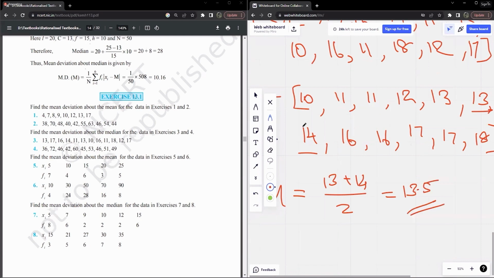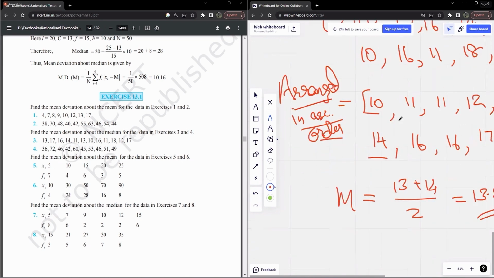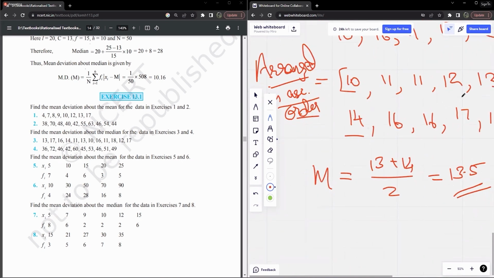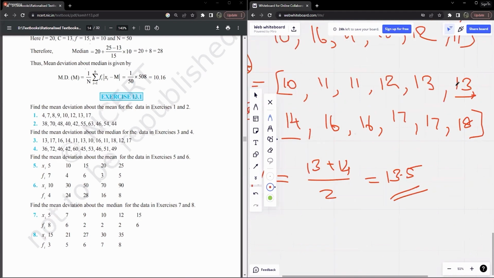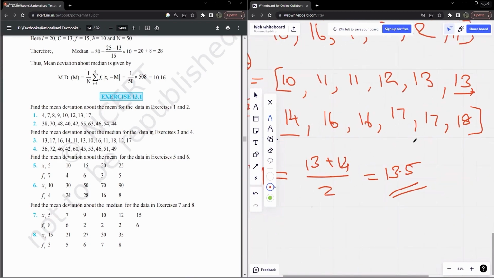What I've basically done is arrange this in ascending order. There is no big change between this data set and this data set. The median then becomes trivially easier to find. You just have to find the two central numbers, take the mean, and you get the median, 13.5.